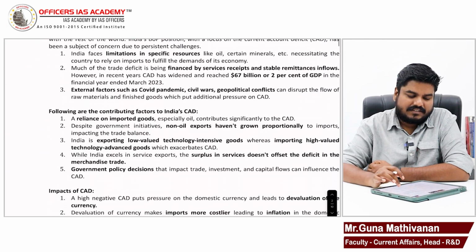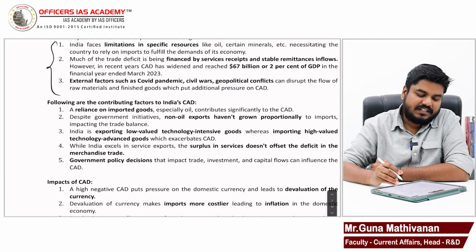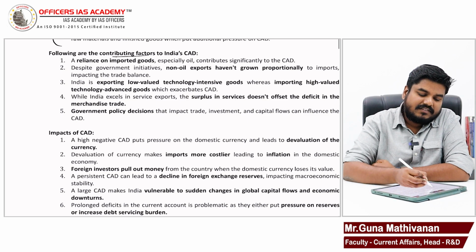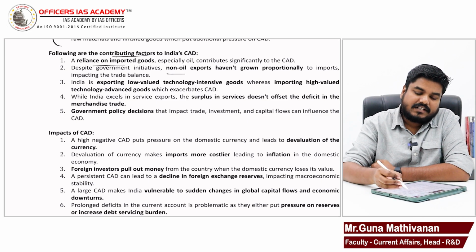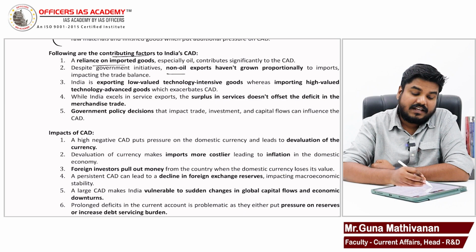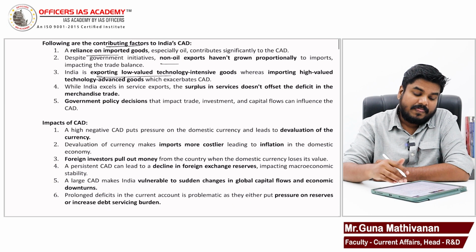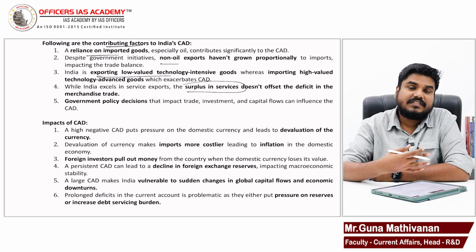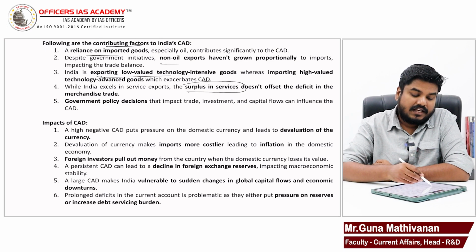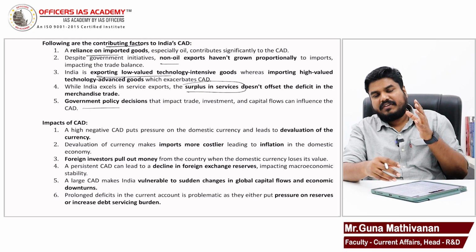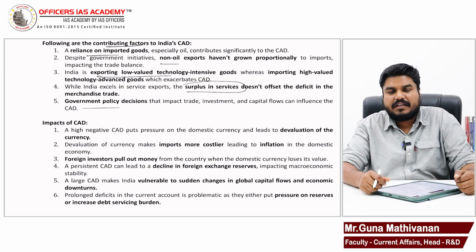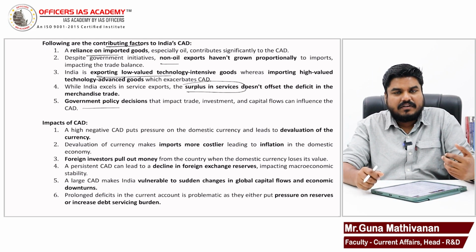I have given a list here. Challenges I have mentioned. Contributing factors: reliance on imported goods, non-oil exports have not grown to a higher level, exporting of low-value technology. Our surplus in services is not able to offset the deficit in the current account. Government policies: yes, we are trying to improve our policies on trade agreements.